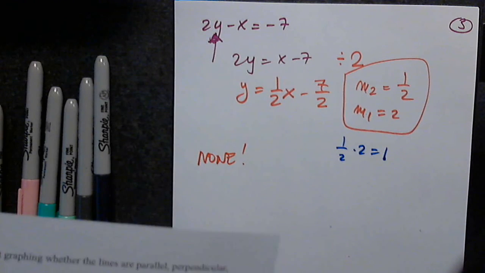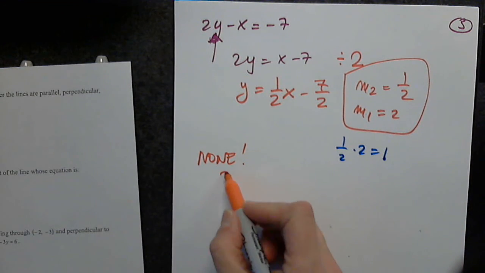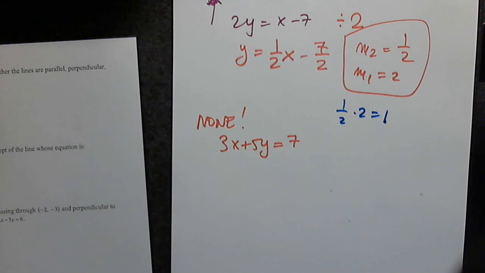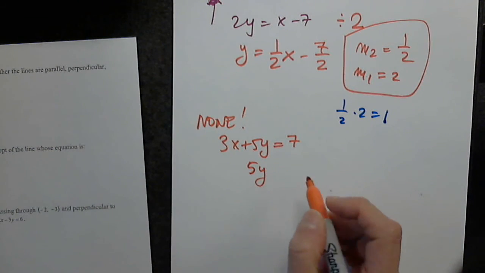Moving on. Find the slope and the y-intercept of the line whose equation is 3x plus 5y equals 7. How do I do this? I'm trying to find the slope and the y-intercept. Subtract 3x.